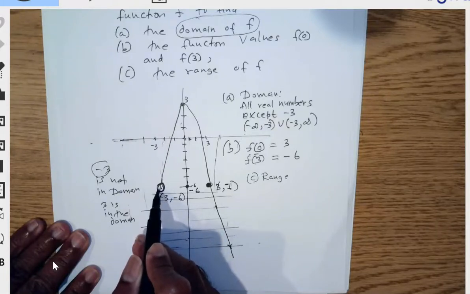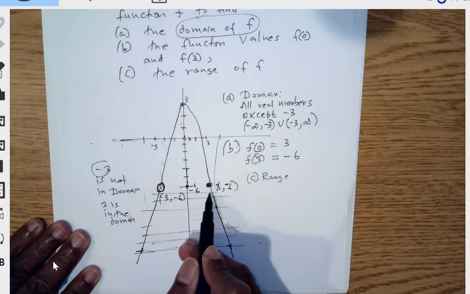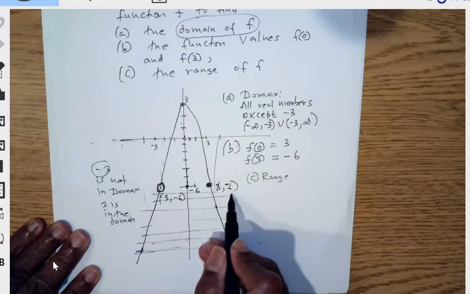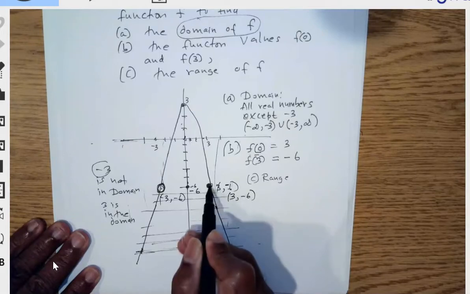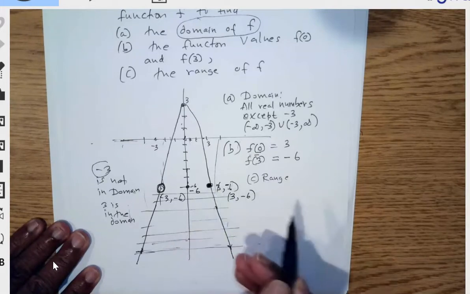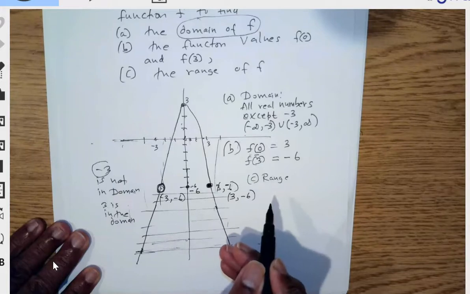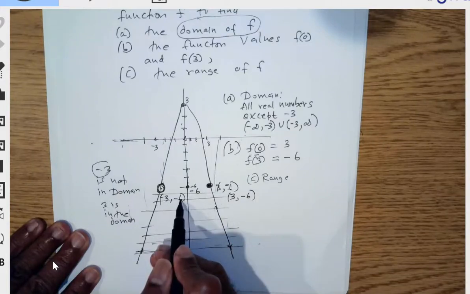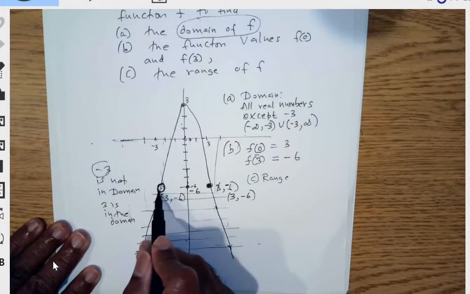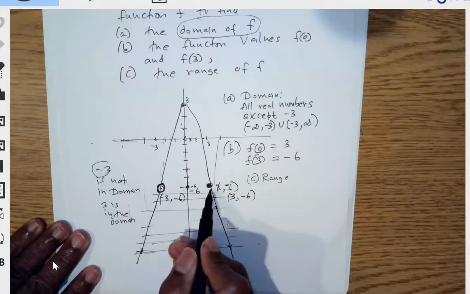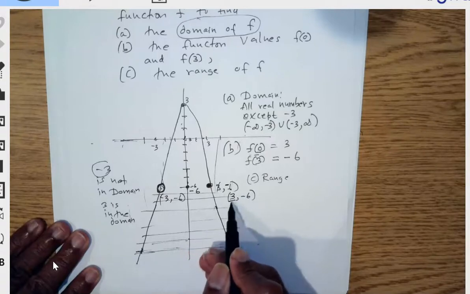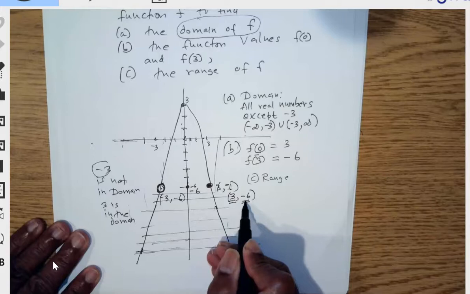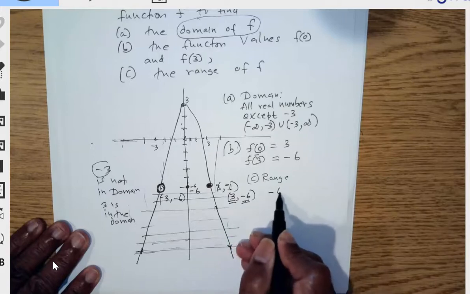But if you go to the right side, you see that 3 does hit -6 because there is a shaded oval there. So -3, -6, even though it's there, is an empty oval. It's not shaded. What can you say then? Well, 3 does hit -6. Because 3 hits -6, -6 is in the range.